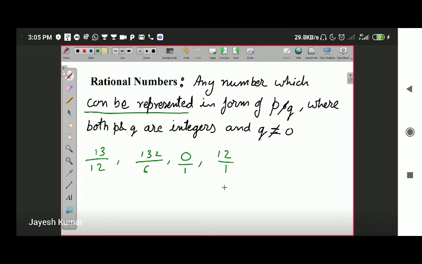So what are rational numbers? Any integer can be a rational number. The only shortcoming is that both p and q, both numerator and denominator, should be integers.